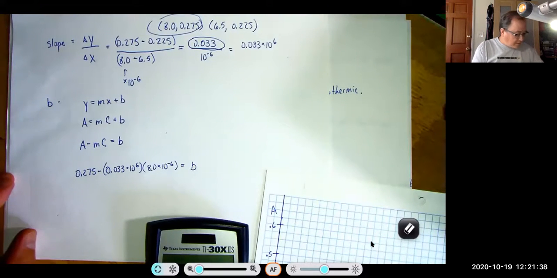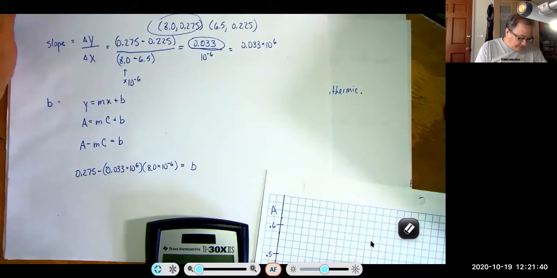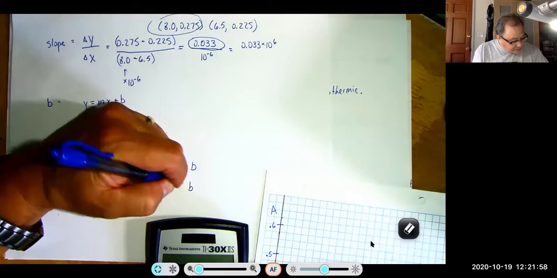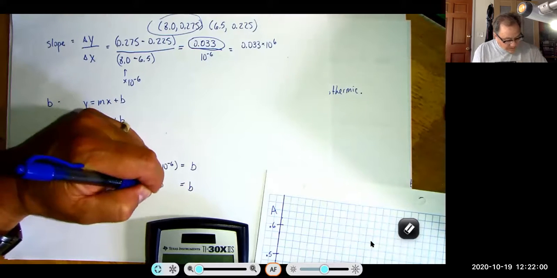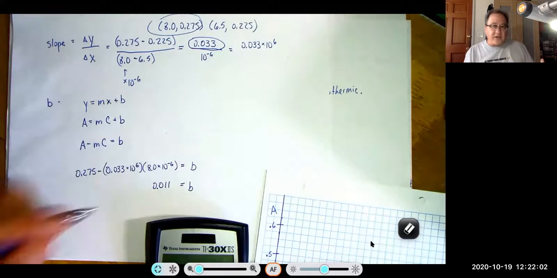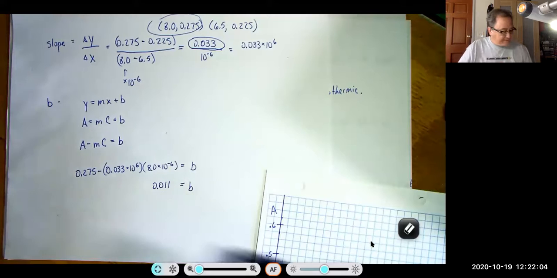Okay, so let's figure out what this is. 0.275 minus 0.033 E6 times 8 E negative 6. And so I get b is equal to 0.011. And so b is really close to 0, which is what we expected.